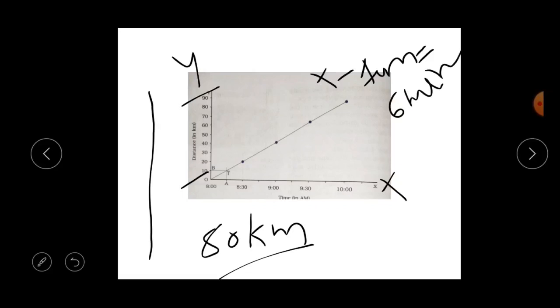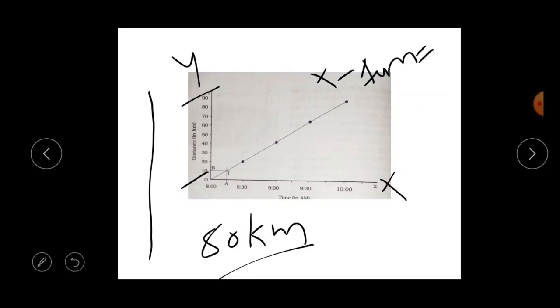Okay, you only have to divide it. From here to here you can see 8 o'clock, and then 8:30, 9, 9:30, 10. Like this you can divide. You have to think about it.